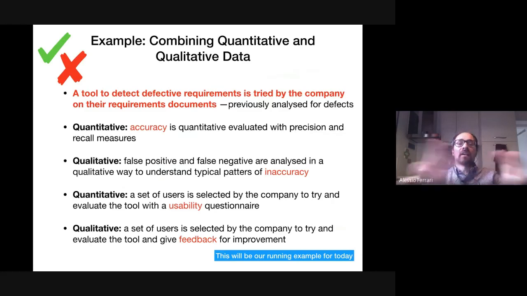So this is a summary of what I already told you. You have this tool, you want some measures that are quantitative, so the accuracy, for example, or the degree of usability, and some measures that are qualitative, so the typical patterns of inaccuracy and qualitative feedback on improvement. You already see that usability and accuracy are seen from different perspectives, the quantitative one and the qualitative one. This will be our running example.